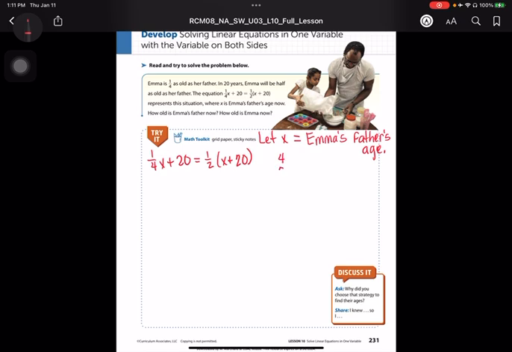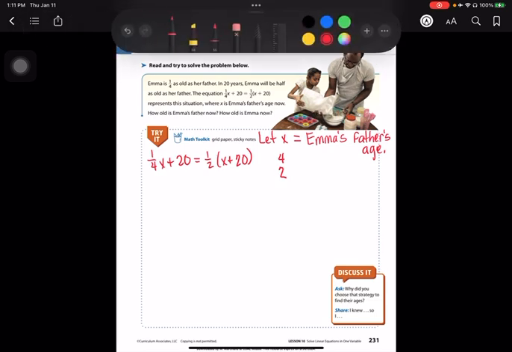Because if we set up 2 and 4, and we do the factors, we have 4 times 1 is 4, 4 times 2 is 8, 4 times 3 is 12. Then we have 2 times 1 is 2, 2 times 2 is 4, and 2 times 3 is 6.